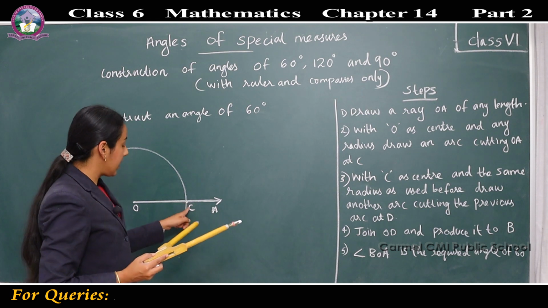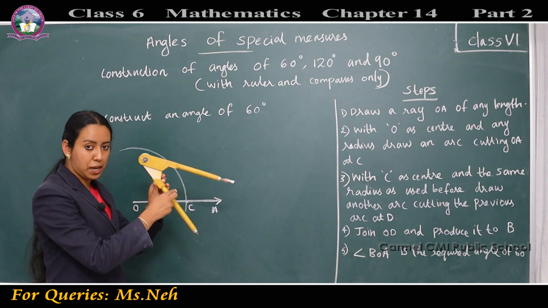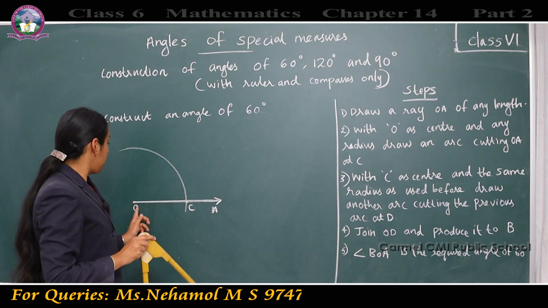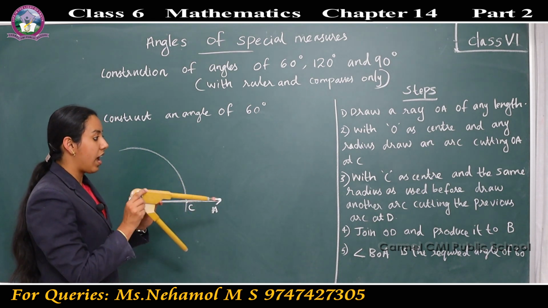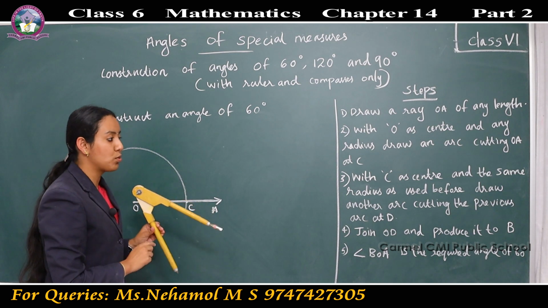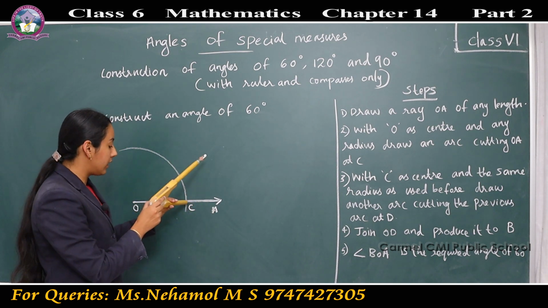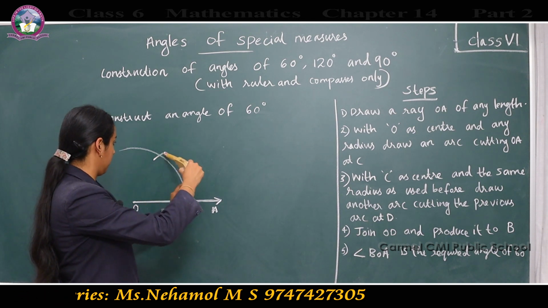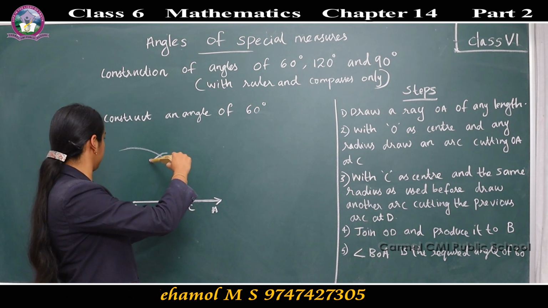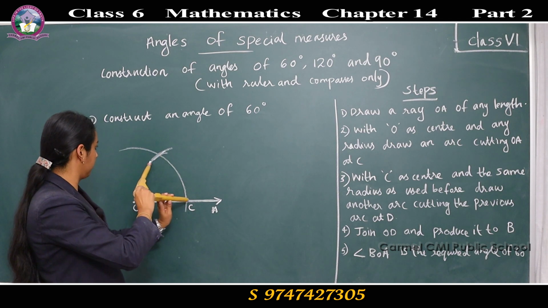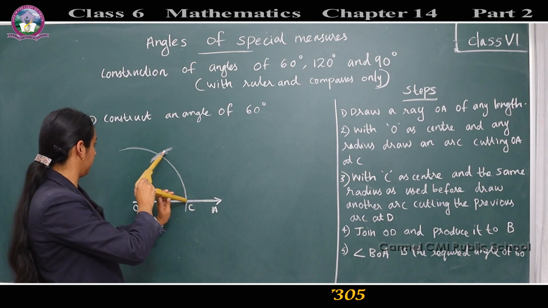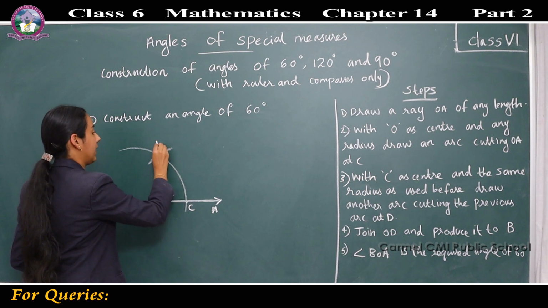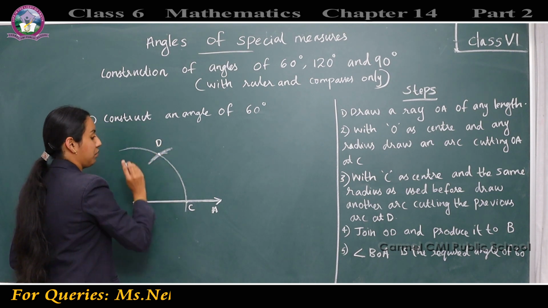Now with C as center and the same radius, we can't change the setting of the compass. With C as center and the same radius as used before, draw another arc cutting the previous arc. Let this point be D, the point of intersection.